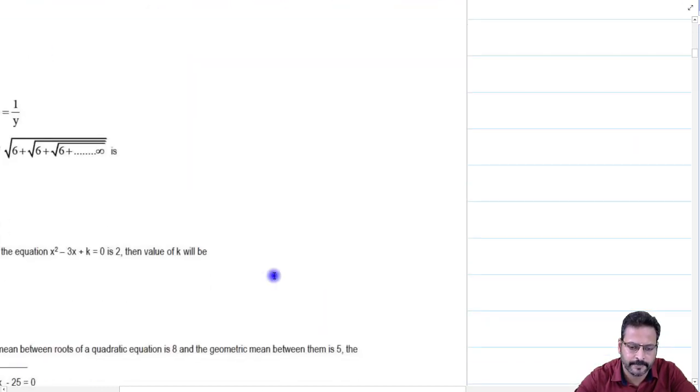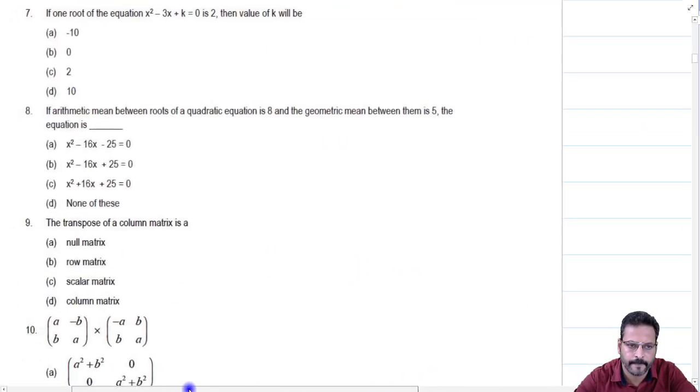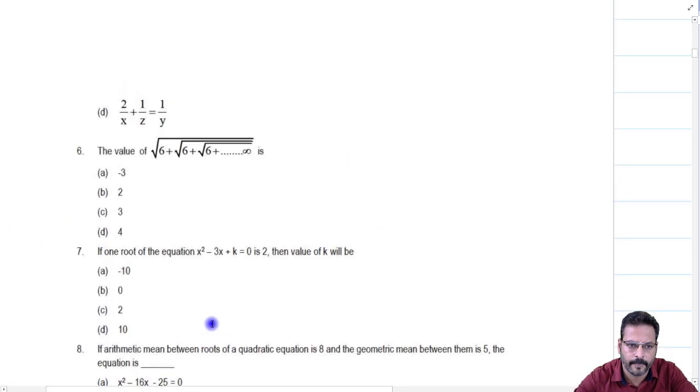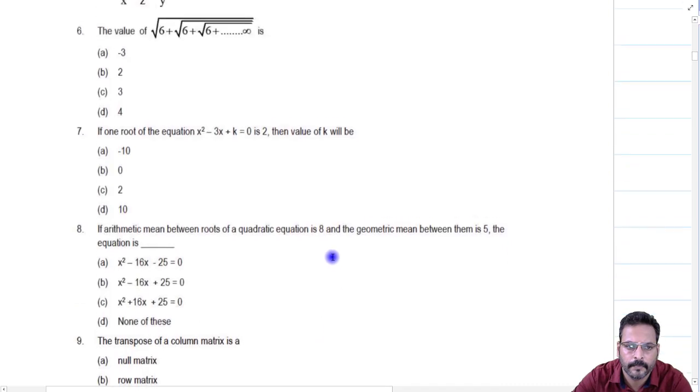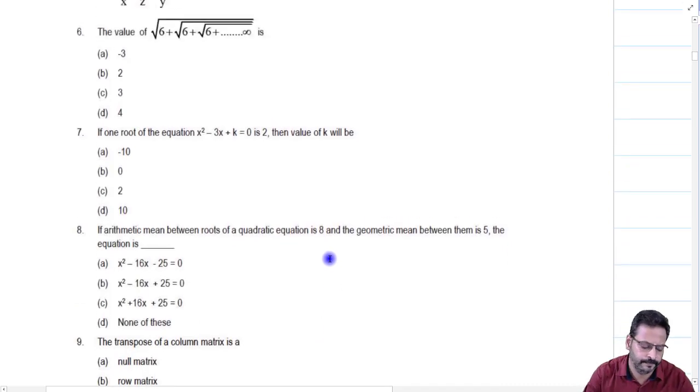Then next question. Sixth one: find the value of root 6 plus root 6 plus root 6 plus up to infinity.